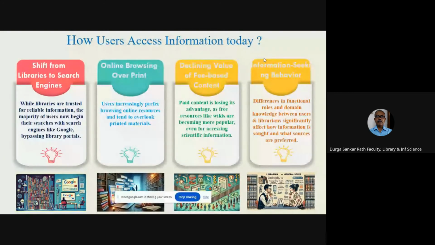To what extent can similarity detection be used, or is it simply pattern matching of available resources that they are bringing to us? That's why online browsing over print: users increasingly prefer browsing. They think plain offline resources, especially print resources, are of no use to them, and they tend to overlook printed materials.